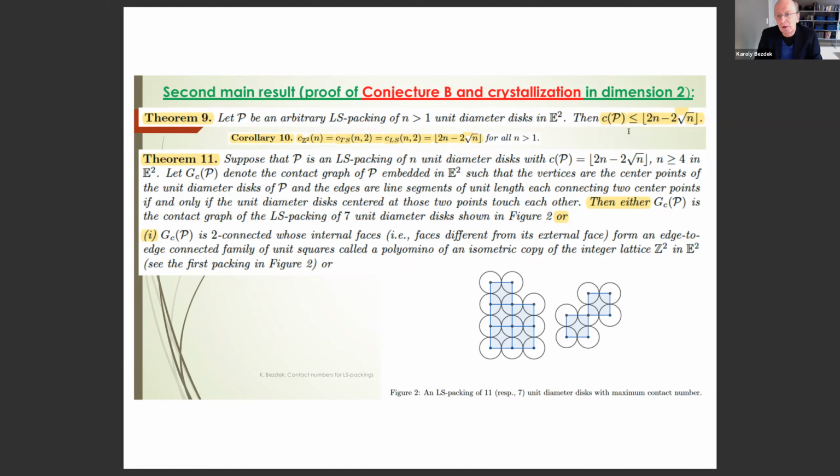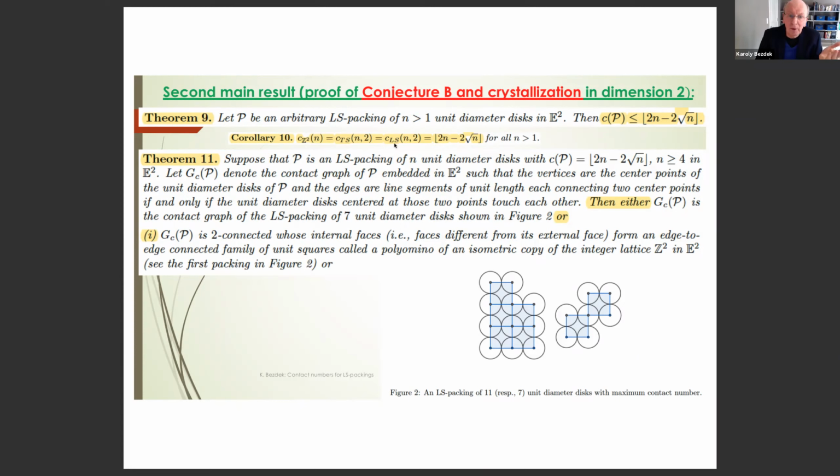And if we can refresh our knowledge of contact numbers that we briefly reviewed before, we discovered that even though we relaxed the condition significantly compared to the very first condition when we looked at unit disk packings of n unit disks with center points chosen from a special lattice, we cannot really increase the maximum contact number.